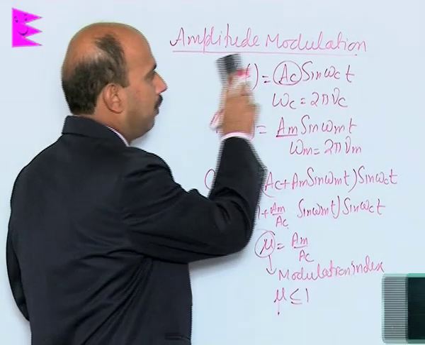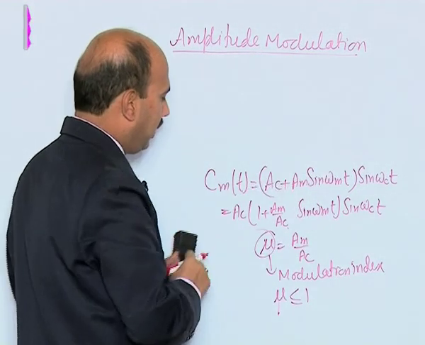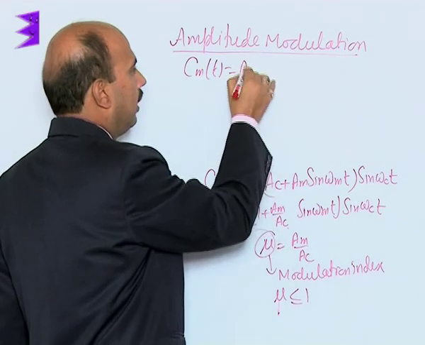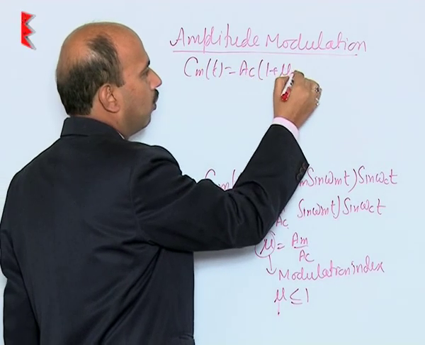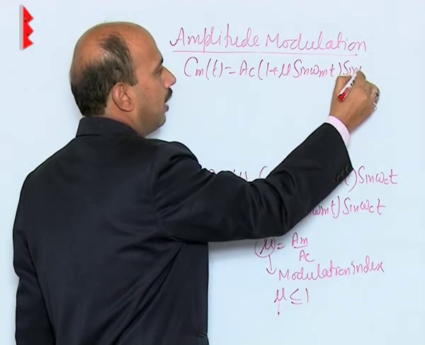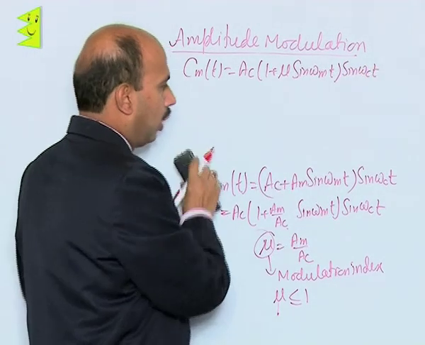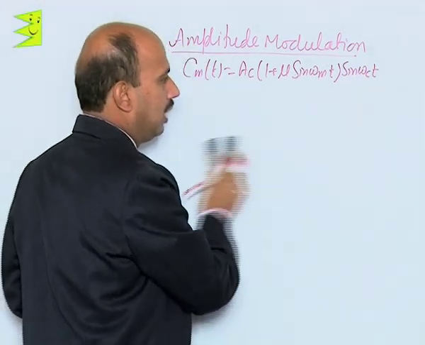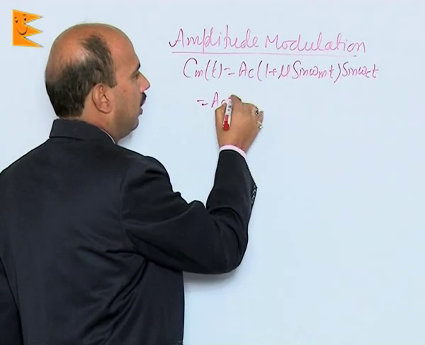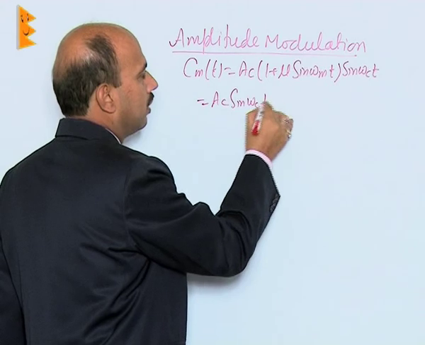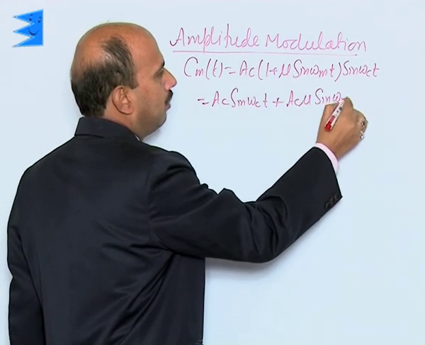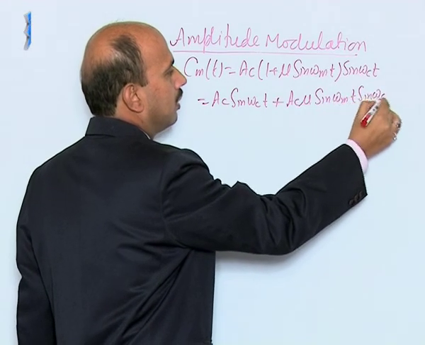Now we can simplify this further and we can write c_m(t) is equal to Ac into 1 plus mu sin omega m t, into sin omega c t. Now we can solve it by using the trigonometric relations. So we will be getting Ac sin omega c t plus Ac mu sin omega m t sin omega c t.